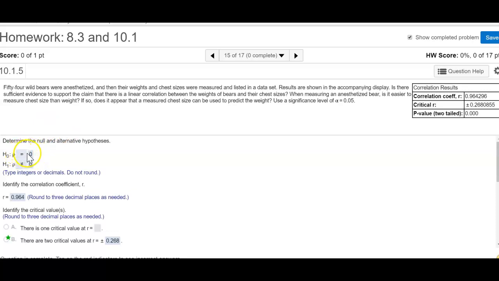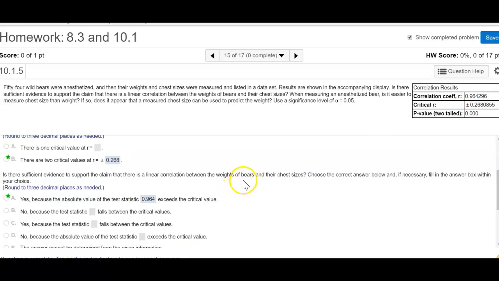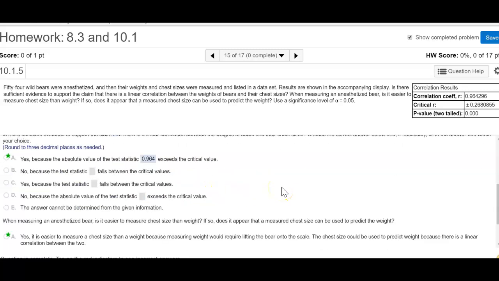The null hypothesis is that there is no correlation, and the alternative is that there is, so that's not 0. The correlation coefficient you can see is the 0.964 given right there. There's two critical values, which makes sense because you're going two-tailed, so on either side there would be a critical value. And then, is there sufficient evidence to support the claim that there's a linear correlation between the weights?